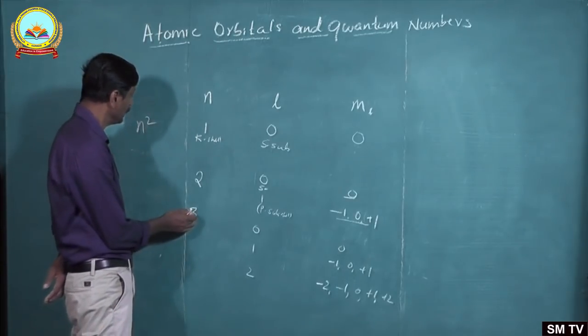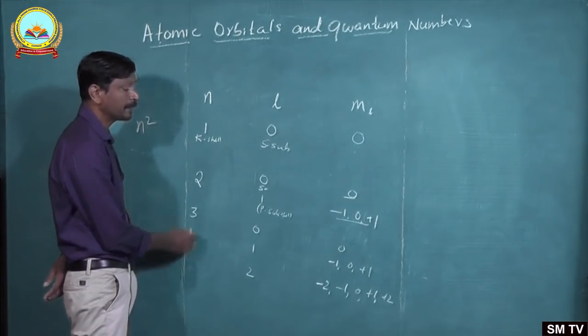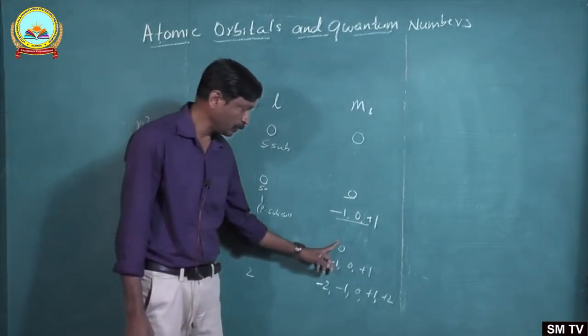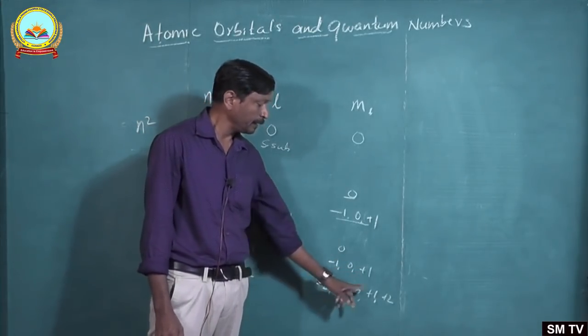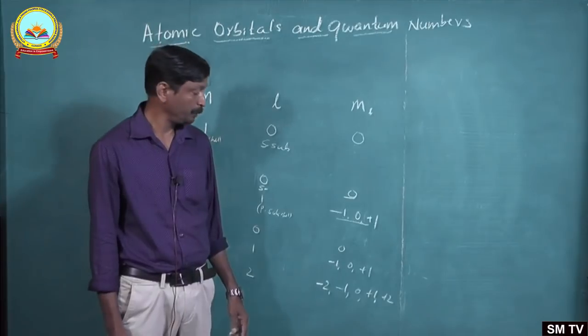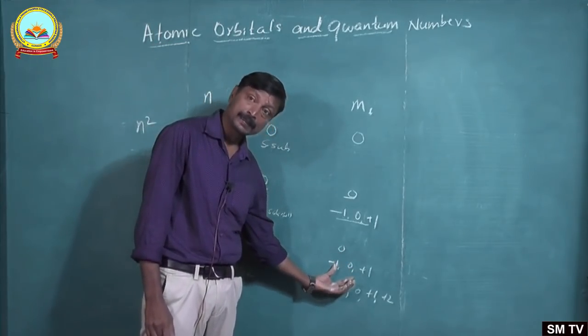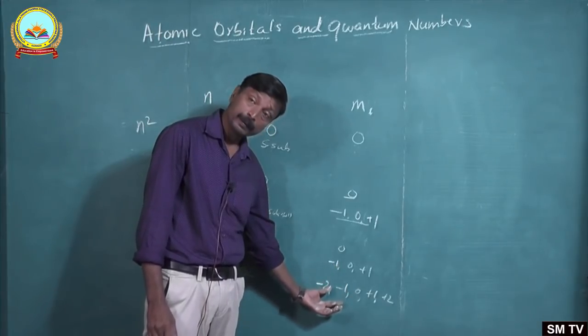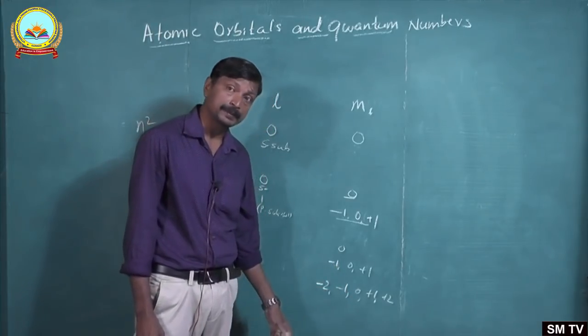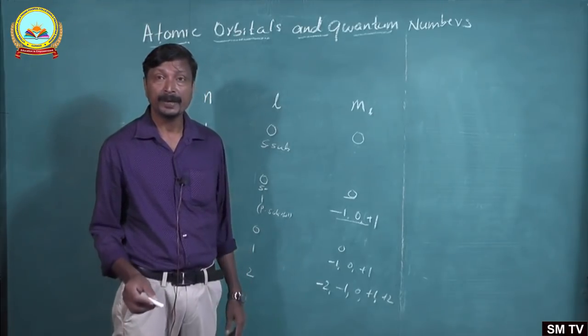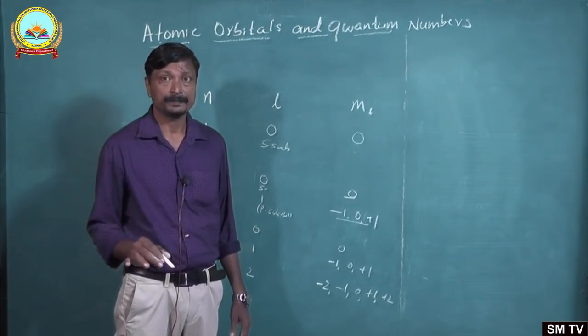And N is equal to 3, how many orbitals are present? 9. Out of that, 1 is an s orbital, another 3 are p orbitals and 5 d orbitals. The d orbitals have how many orientations? 5 orientations.